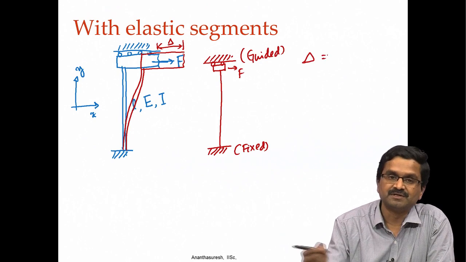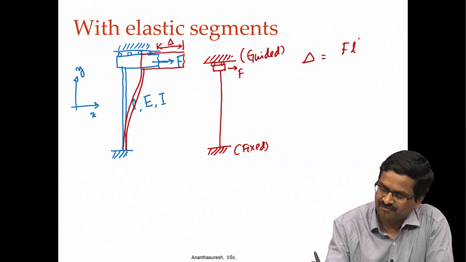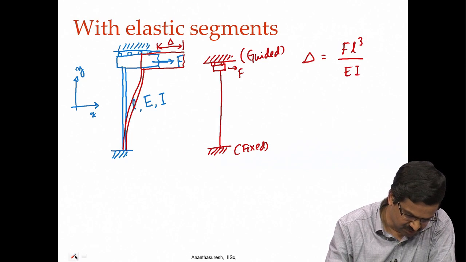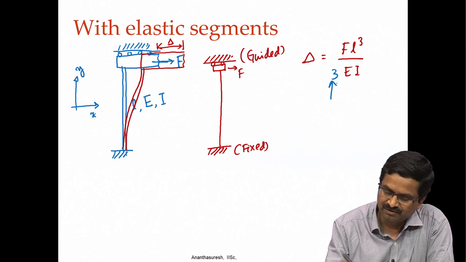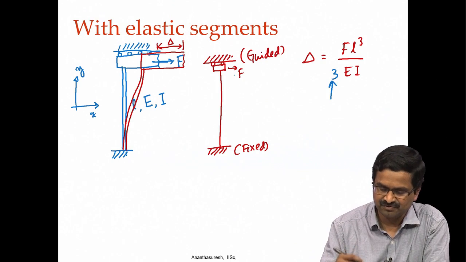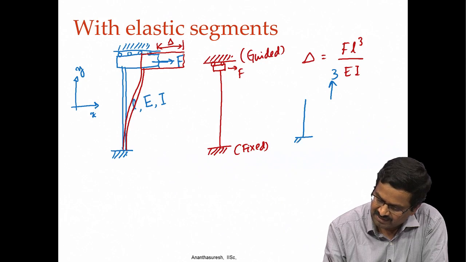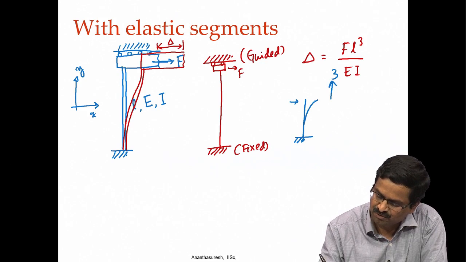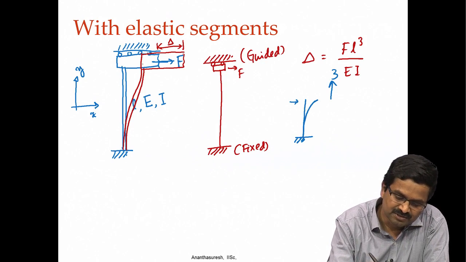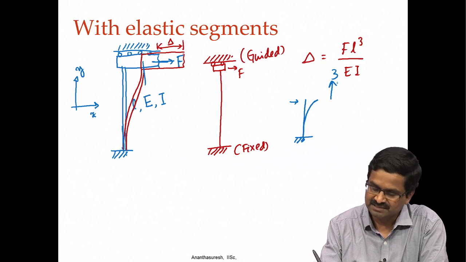If it is a cantilever beam, most people would remember, it will be FL cubed by 3EI. That 3 is for a cantilever beam, but it is going to be different for a fixed-guided beam. Cantilever is fixed and free. That means if I have a beam like this and apply a force, it is going to deflect like this. There will be a slope here, whereas here the slope is 0, it is tangential to the vertical line, so guided. So what is this number?